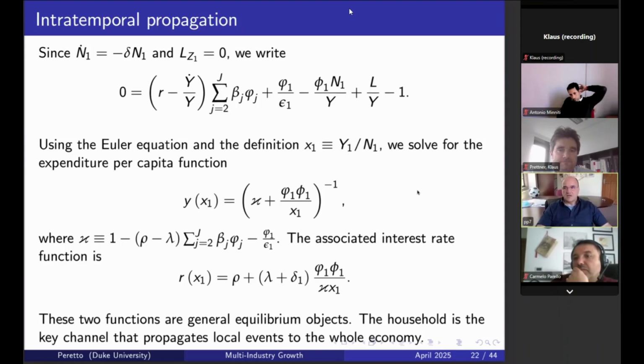So let's do the exercise with industry one gets in trouble, no contagion, it's the only one that remains in trouble. And then what you do is you do basically the calculations that you do in the baseline model. Given that you have the expenditure function, you can construct the interest rate function as a function of the state variable.